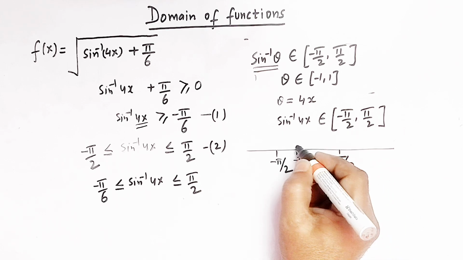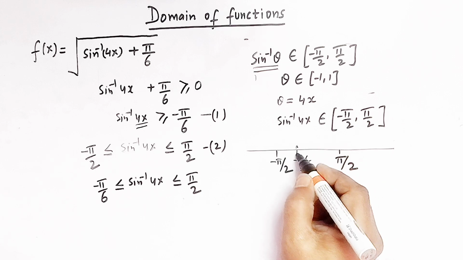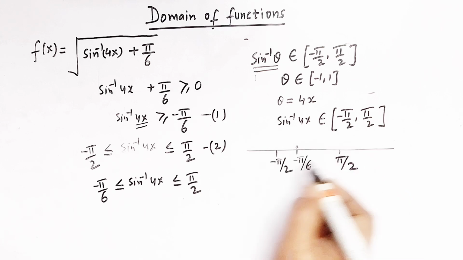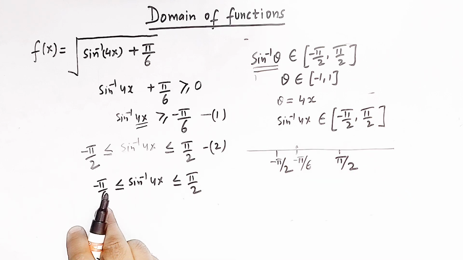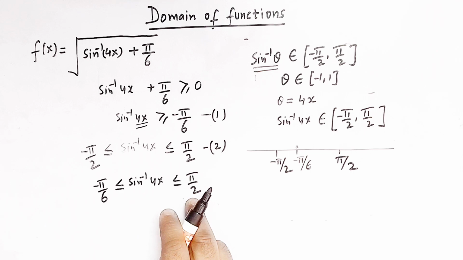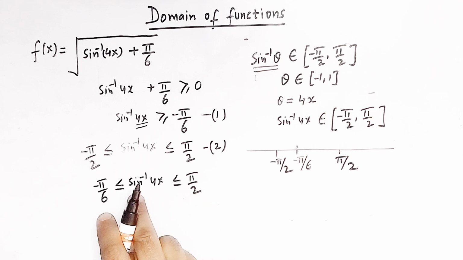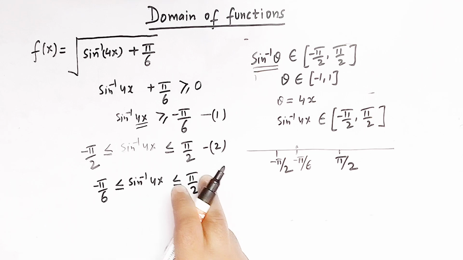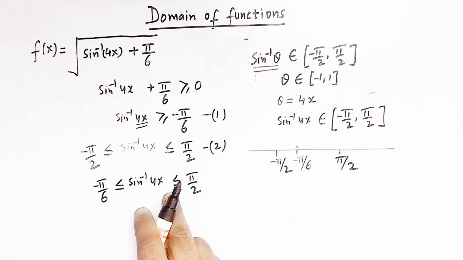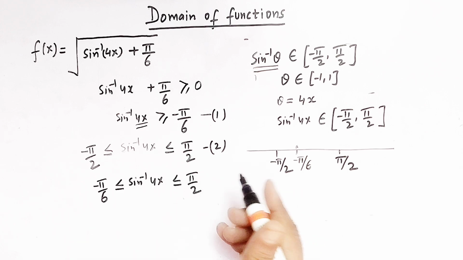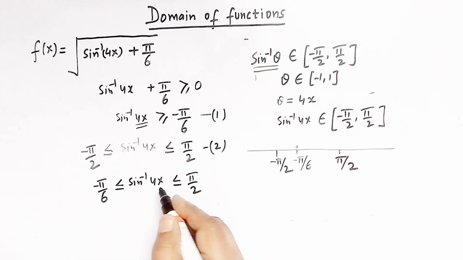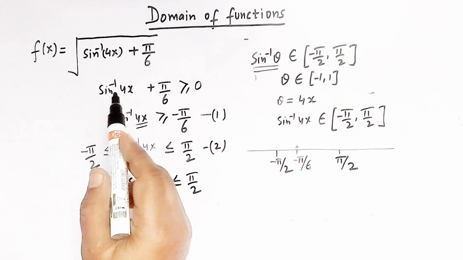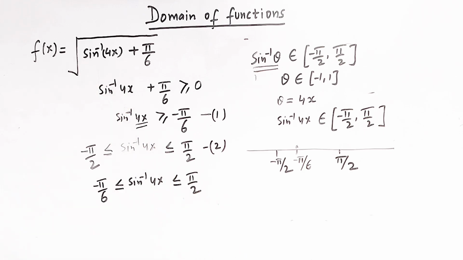So we have to consider only these two points, minus pi by 6 and pi by 2. Now from this inequality we have to find the valid values of x for which this function is defined.